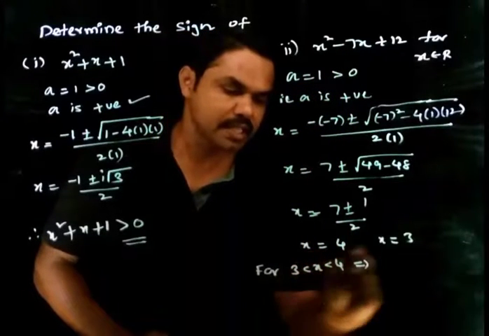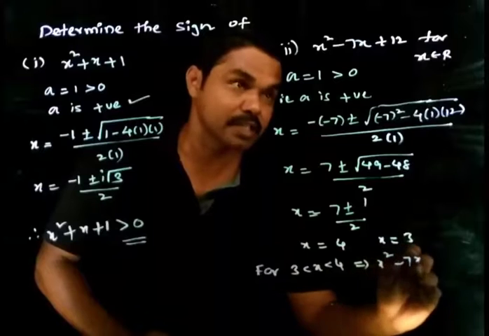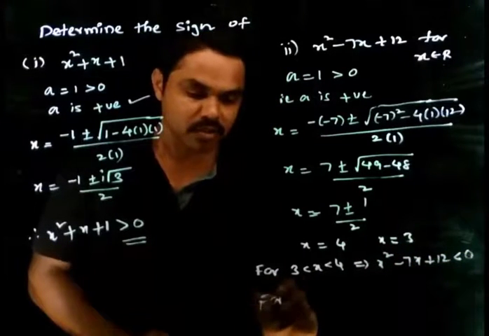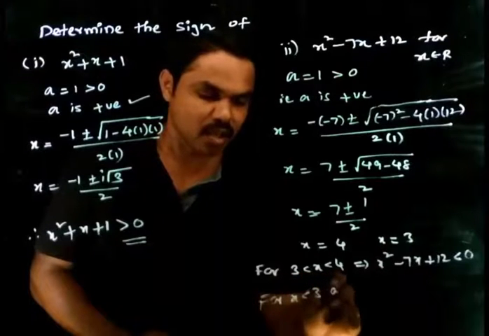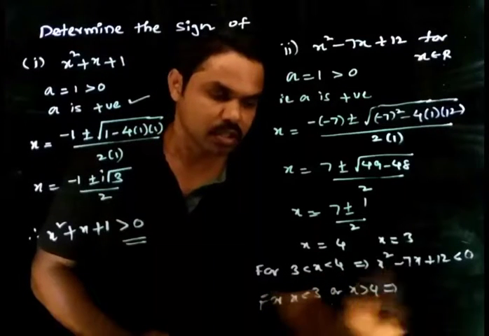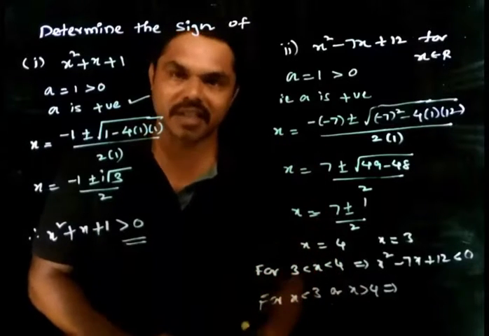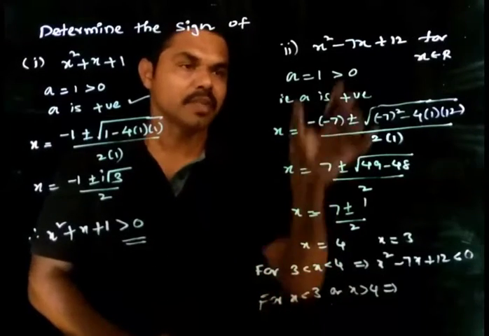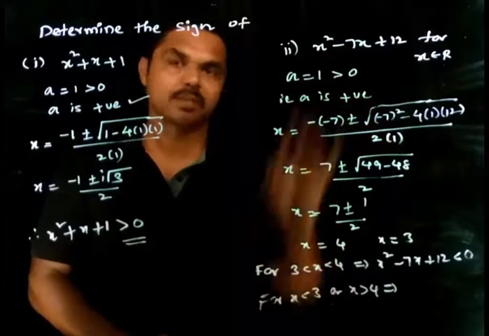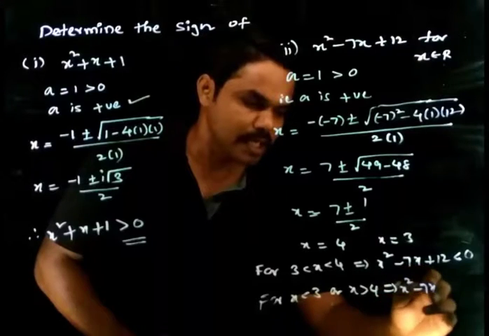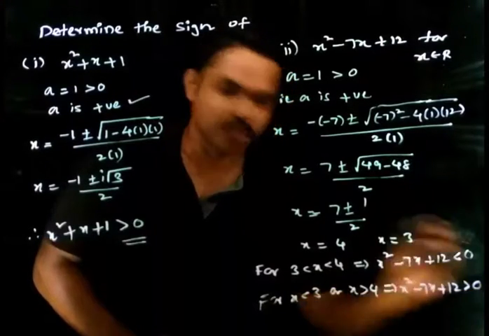So for 3 less than x less than 4, x square minus 7x plus 12 is less than 0. And for x less than 3 or x greater than 4, that is for x less than alpha or x greater than beta, the expression and a have the same sign. That means here a is positive, right? Then the expression is also positive.